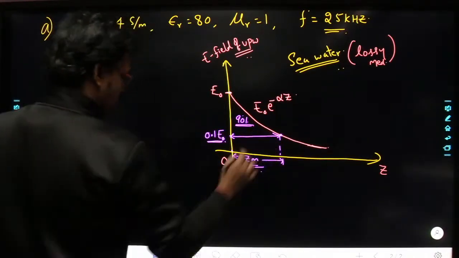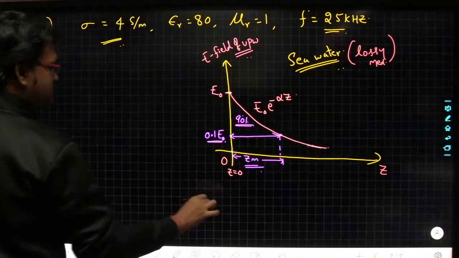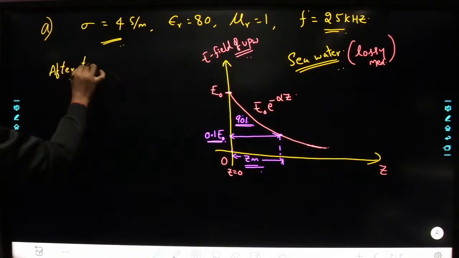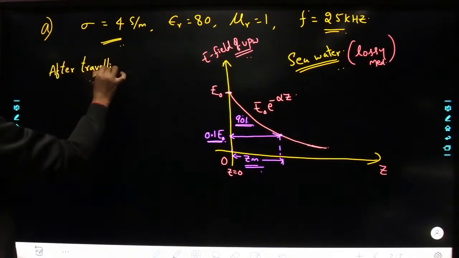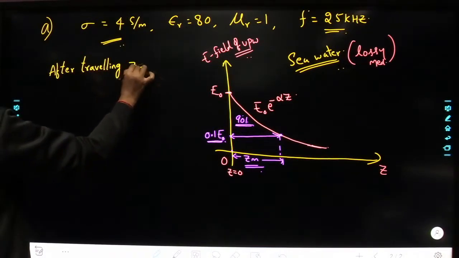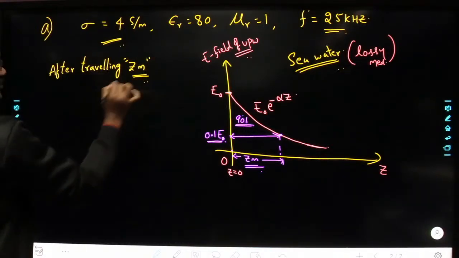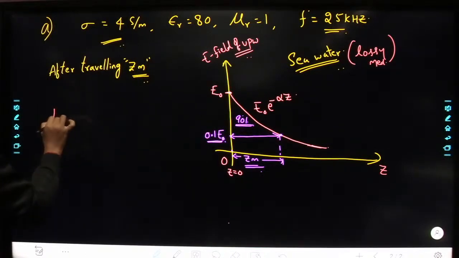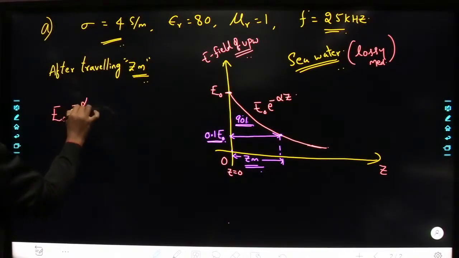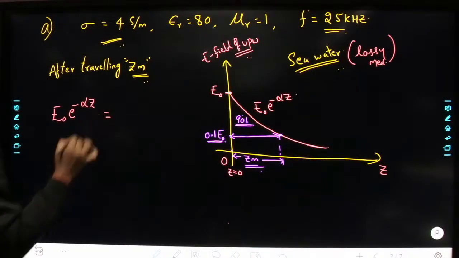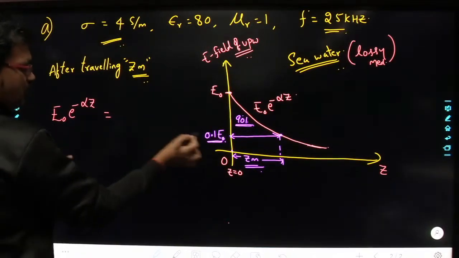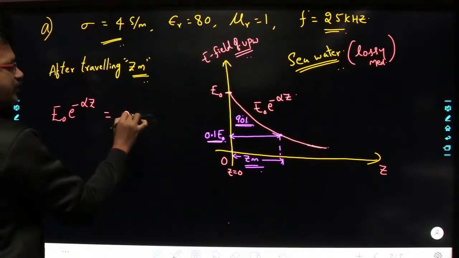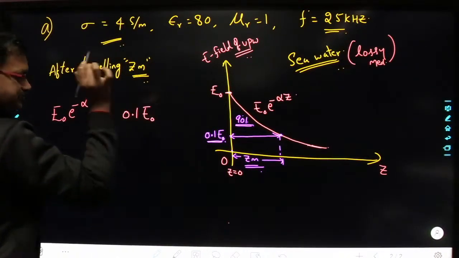So after traveling z meters, the amplitude E naught into e power minus alpha z will become equivalent to 0.1 times E naught.